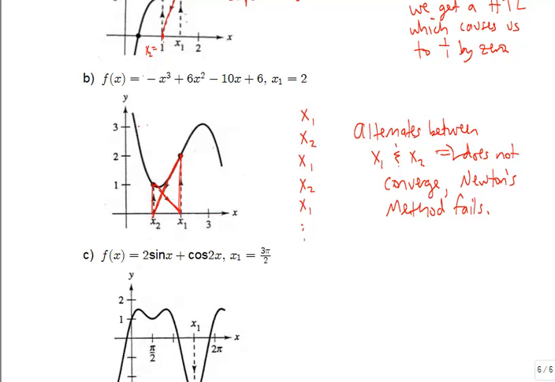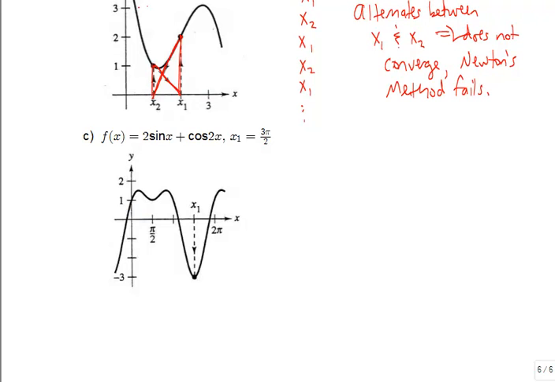Okay? All right, last example. So here's my trig function 2 sine x plus cosine 2x, and here's our 3 pi over 2. So this is actually the example that we did a little while ago. If you look at the graph, we'll see why we had problems here. At 3 pi over 2, that is this point right down here on the graph. And immediately we would want to look at that tangent line, and you can see that this is that minimum value.